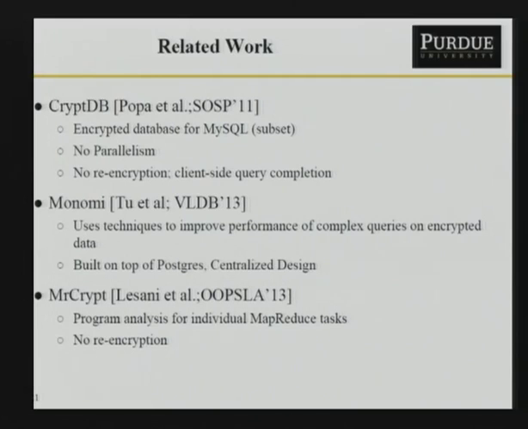And lastly, MrCrypt is another system that uses homomorphic encryption, and it applies transformations directly on MapReduce jobs. The limitation of MrCrypt is that it doesn't support re-encryption at all. So if it finds situations where operations are not supported by the partially homomorphic encryption schemes, then it cannot proceed.